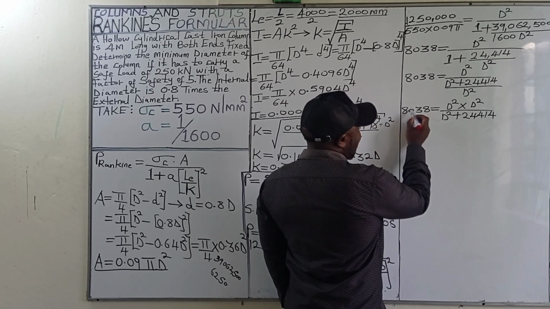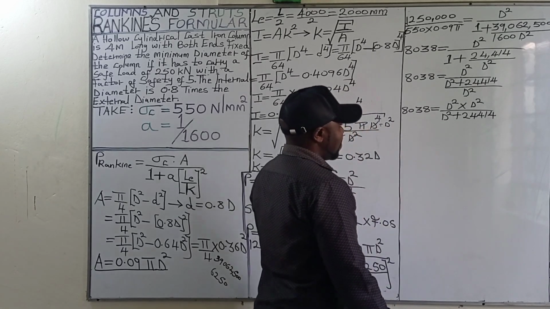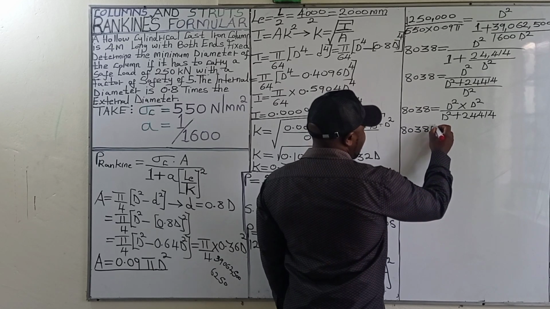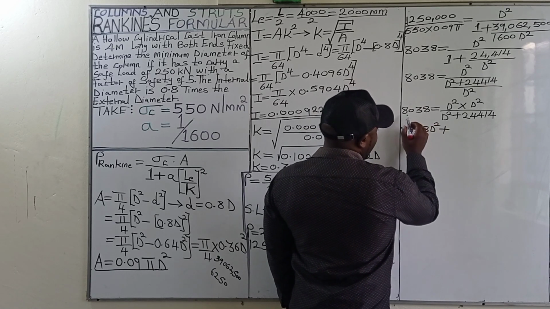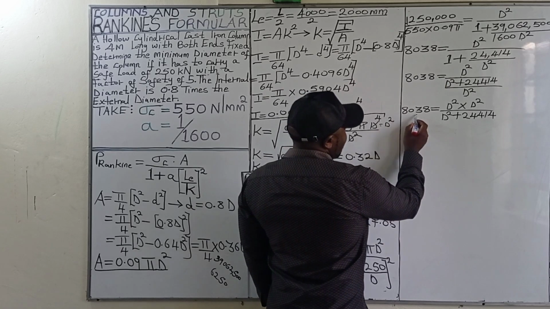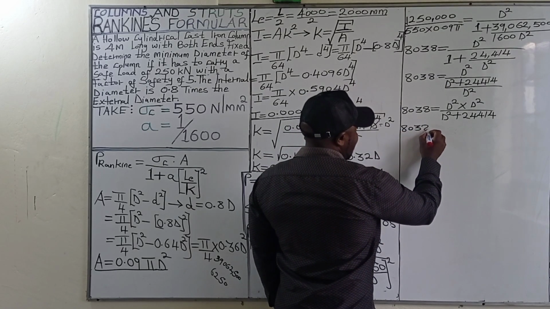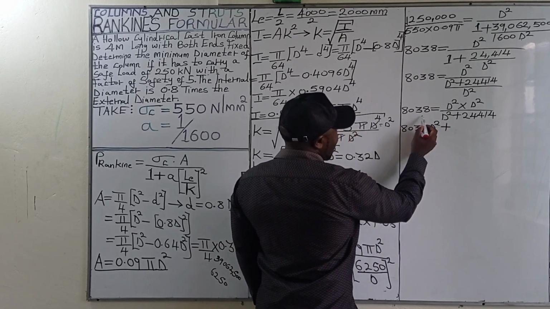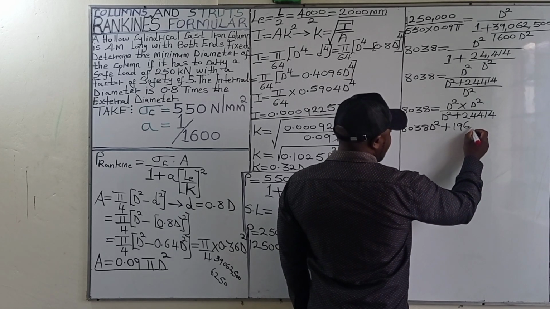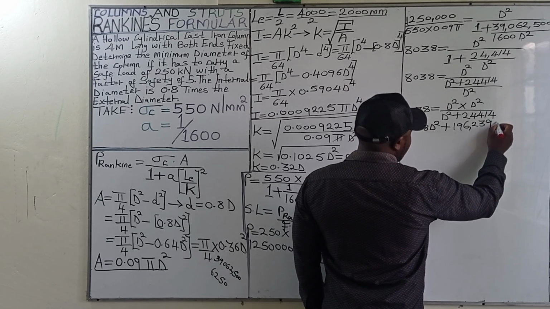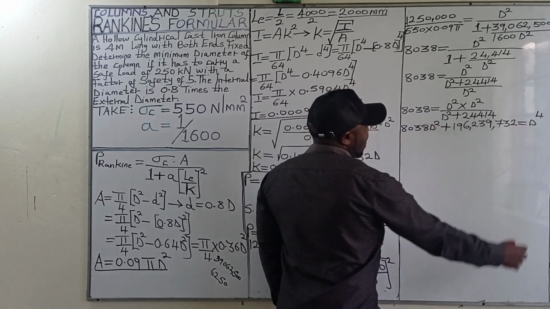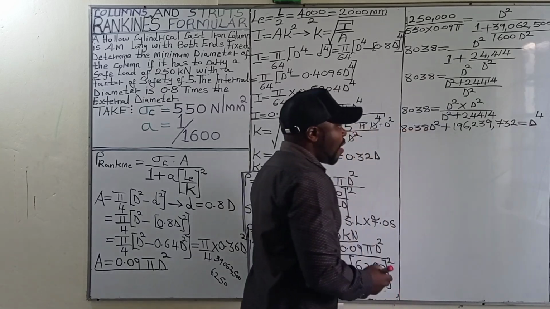So when we multiply both sides by d squared plus 24,414, we are going to have this 8038 times d squared, that is 8038 d squared, plus 8038 times 24,414, that will be 196,239,732, which will be equal to d squared times d squared, that is d raised to the power of 4.